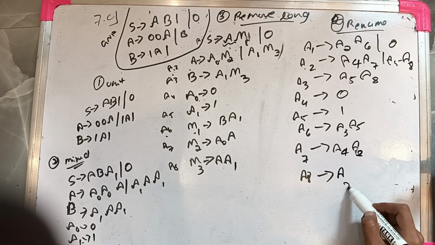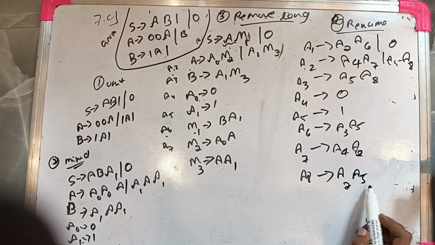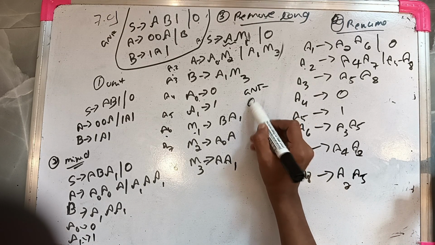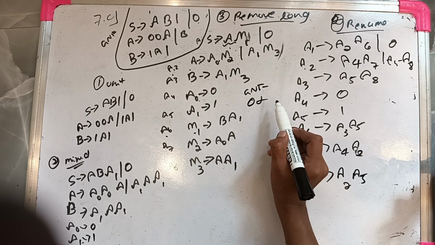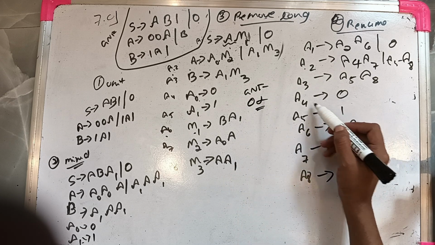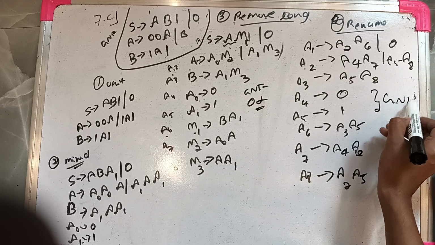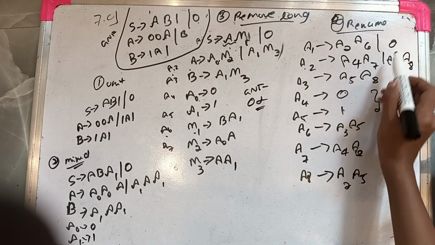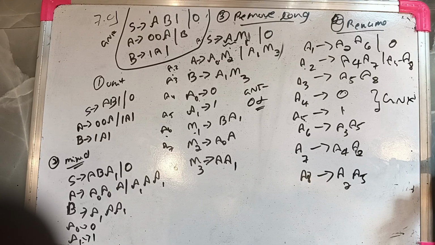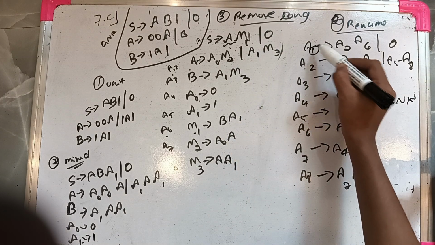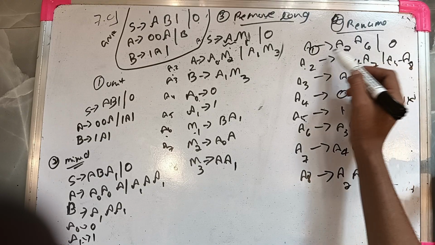next A2, A5. And what I told, converting into GNF means one terminal followed by a variable, okay? Here A4 and A5 consist only of a terminal, so they already exist in GNF form, and after that none is in GNF form, okay? And you need to check here 1 compared with 2 and 6.